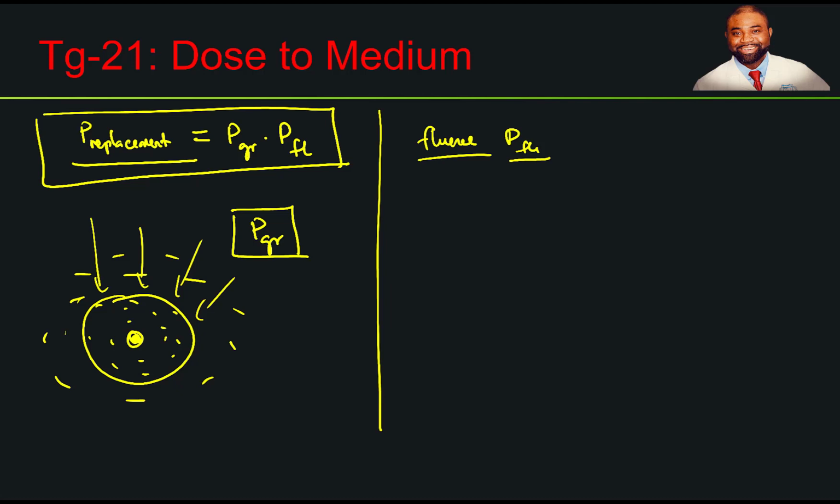Now, the fluence correction factor really is not as important for photons as it is for electrons. What you need to keep in mind is that the reason why the fluence correction factor is very important for electrons is because electrons are tiny, and they undergo multiple scattering events within the medium.